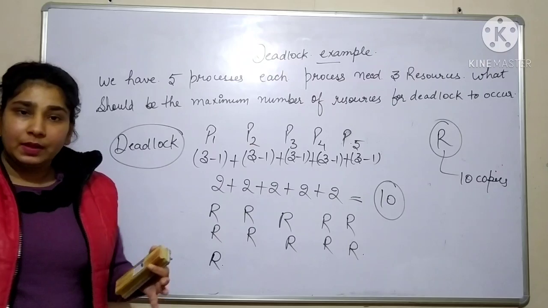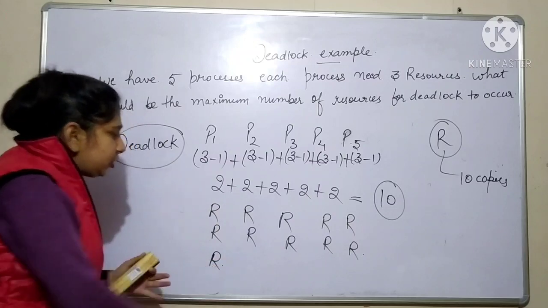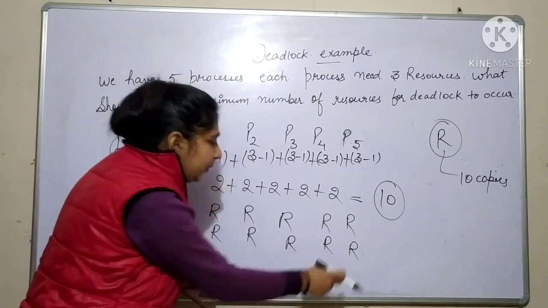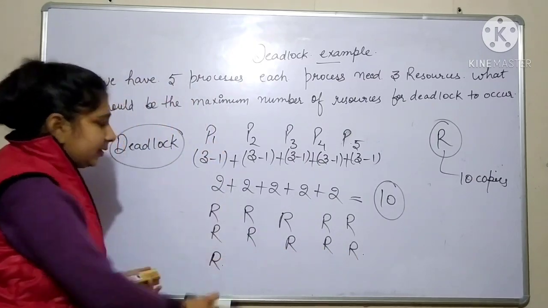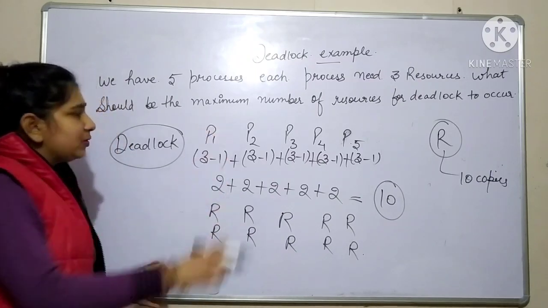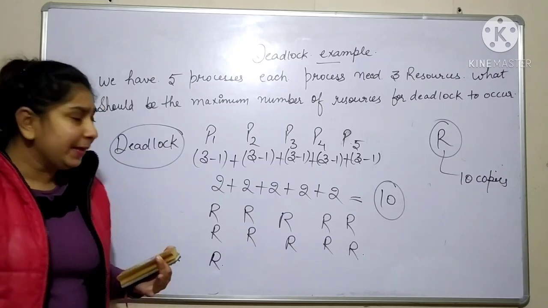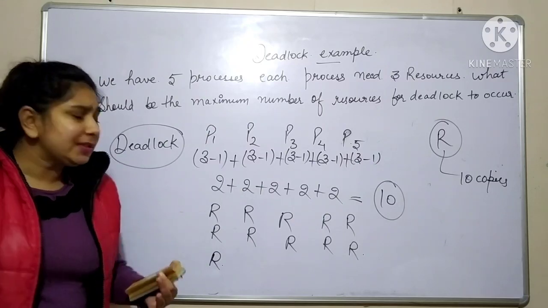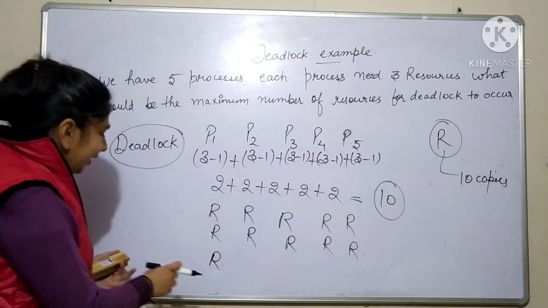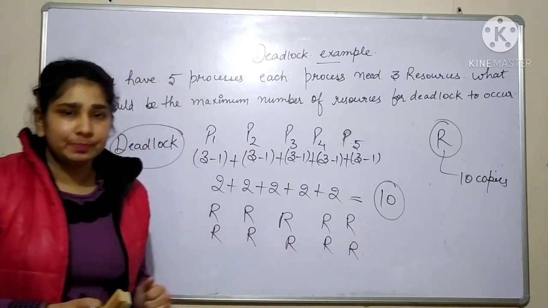Because this process is going to complete its execution, then it is going to release all of its 3 resources, then all these 4 remaining processes get them. Deadlock is going to occur when all of your processes are stuck, if each and every process has acquired two resources each.